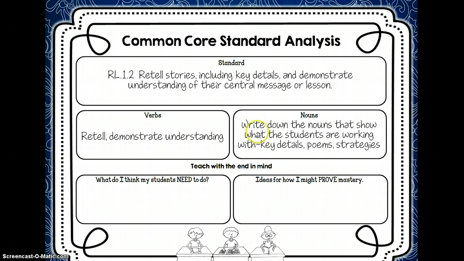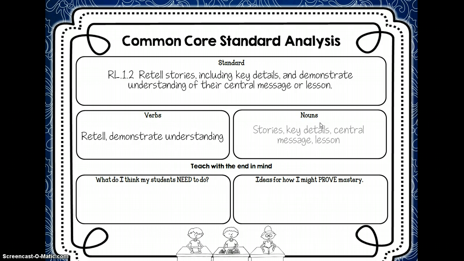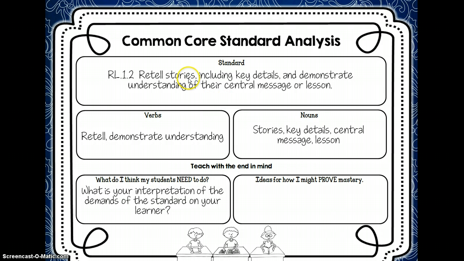We want to write down the nouns that show what the students are working with. For an example, key details, poems, strategies, newspapers, magazines. Those are other nouns that you might see in a standard. What are the nouns for this particular standard? This one has stories, key details, central message, lesson.